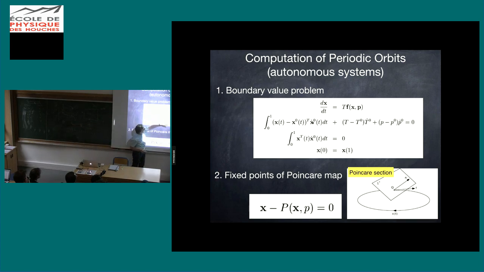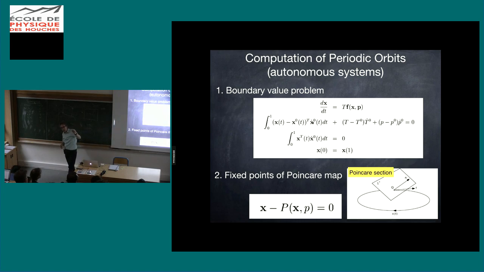You get a boundary value problem, but when you discretize it in time, say you take 10 points in time, then you have to solve 10 times the original dimension, algebraic systems. So if you have an SM91 with 3 dimensions, and you take 10 time points, you get 30-dimensional problems. You can decouple them and solve them in a systematic way, as is done in MATCONT, for instance, and then you can solve these periodic orbits.